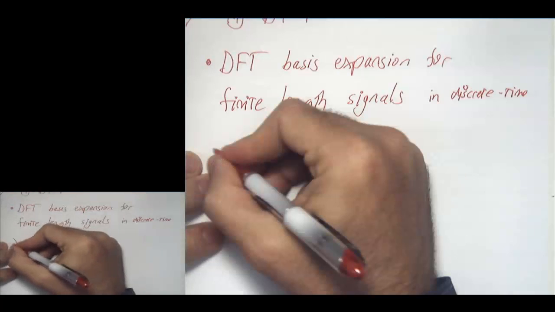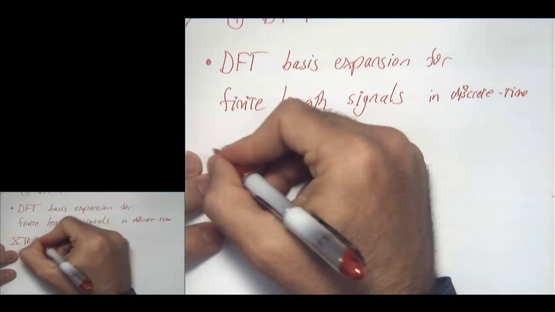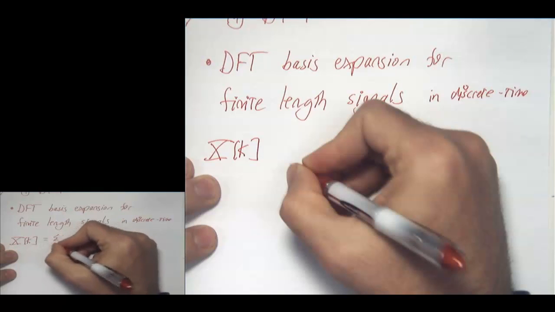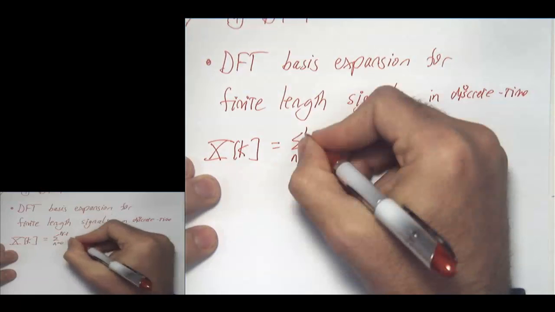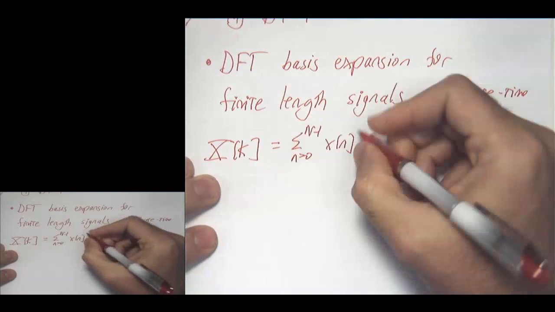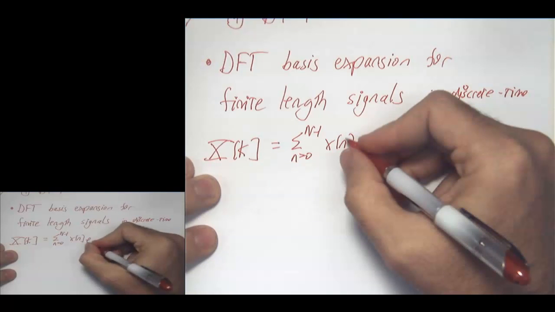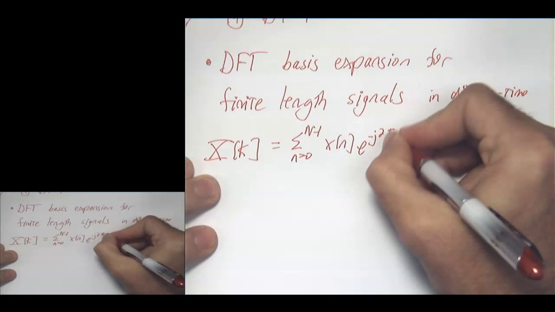So the analysis and synthesis equations are nice because they're actually symmetric in some sense. The problem with the DTFT is we go from discrete time to periodic continuous time. And here, we go from discrete time to discrete time. That's convenient.